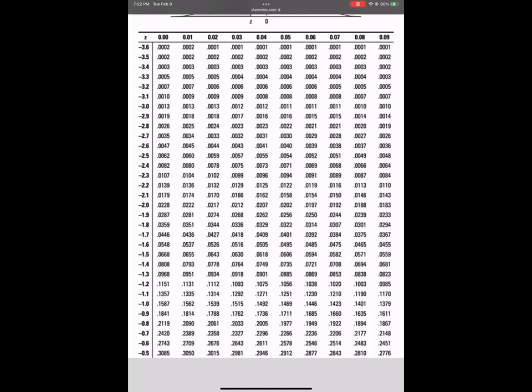How did you find that on this table? On the left column, you see Z and you see negative 0.8. And now on the very top, you see the second decimal, 0.08 or 0.09. That corresponds to negative 0.88 and negative 0.89.